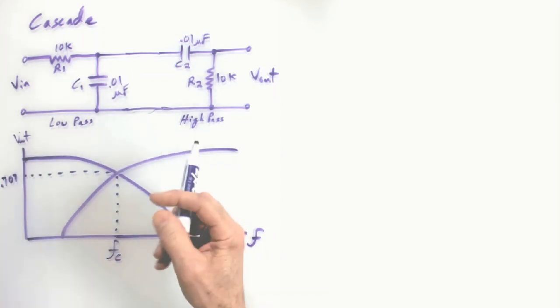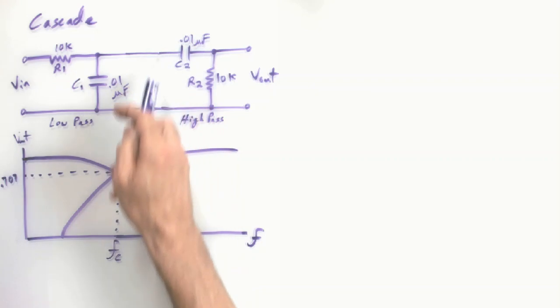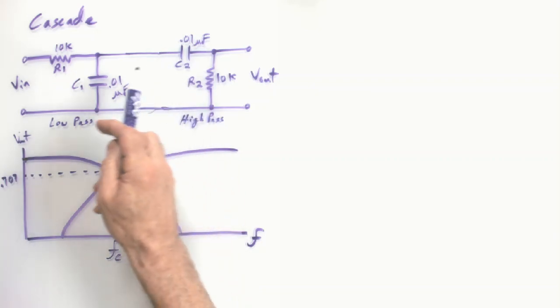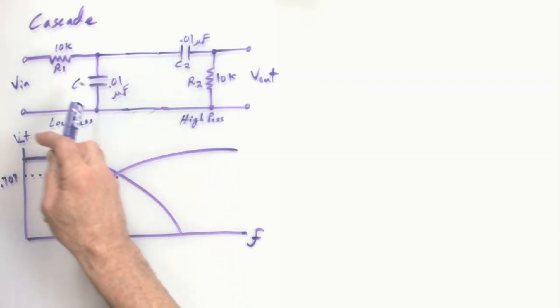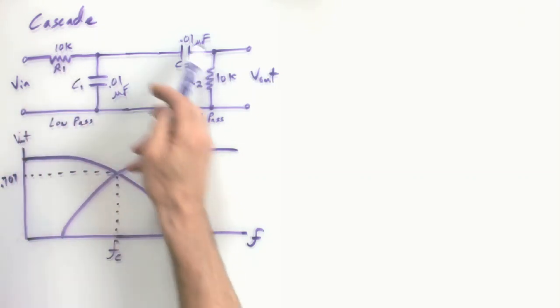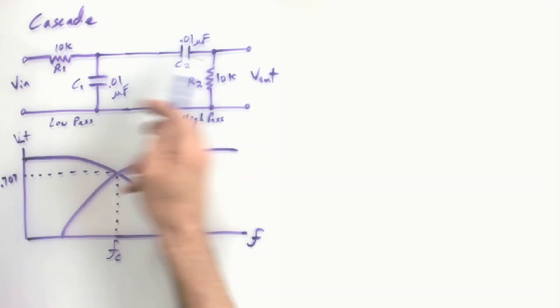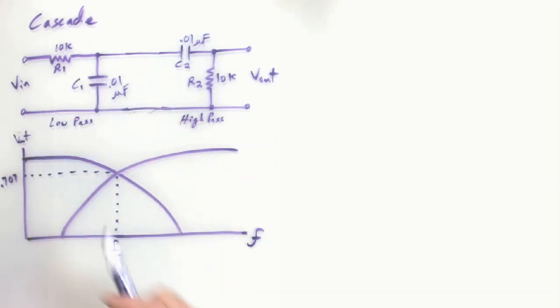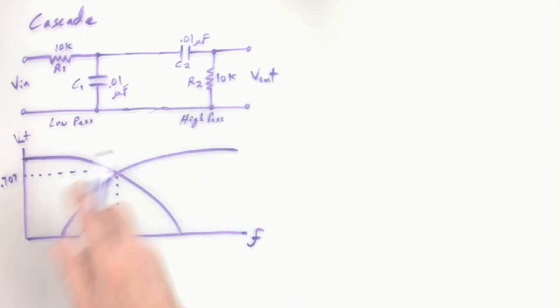Because without the op amp, it is true that this high pass winds up putting a load on the filter. So this impedance is in parallel with C1. So you want to think in terms of cascading with active filters oftentimes. Maybe, but like I said, we'll get to it.